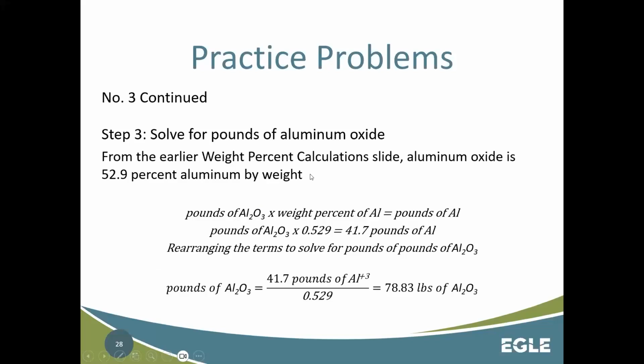And looking at our formula, aluminum oxide is Al2O3. So aluminum is going to be 54 because you have 2 times 27, and the oxygen is going to be 3 times 16, which is 48. So that's how you get to the 52.9% as aluminum by weight.